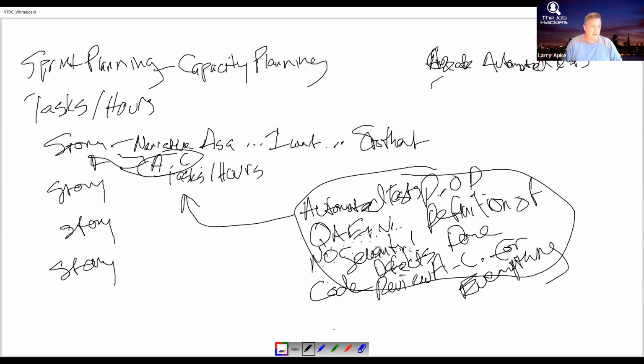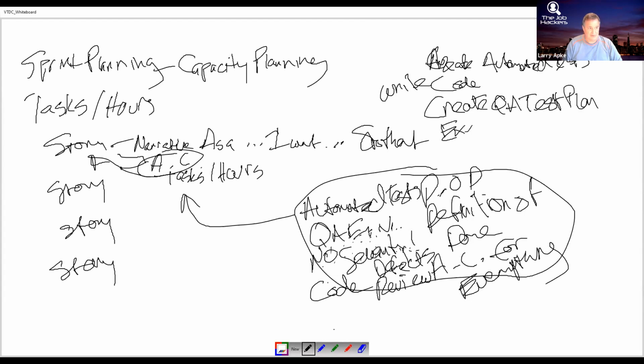And if I'm writing code, I might have to have something that says write the code. And if I'm going to do QA, I might need to create a QA test plan, right? I might need to execute the QA test plan. You with me? These are just things that I would need to do. If I'm doing code review, I might have to have a task that says do code review.